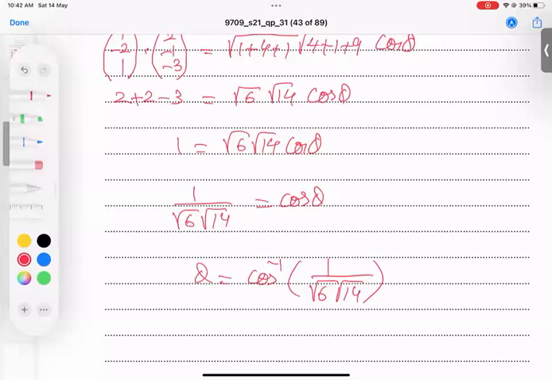Otherwise, your result may be affected. The answer I'm getting here is 83.73 degrees. This is my answer for this part.